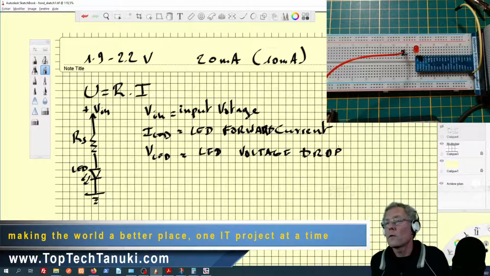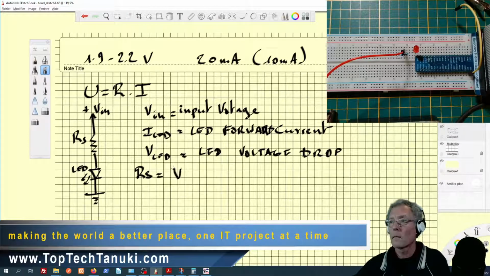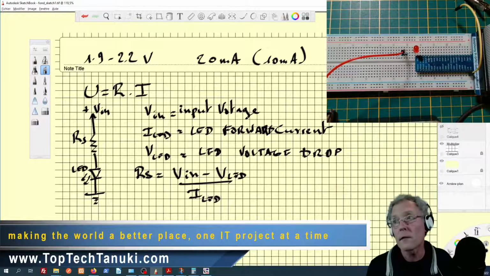Okay, and there's a formula binding all this, which says that RS is equal to V in minus V LED over I LED, which makes sense, of course.